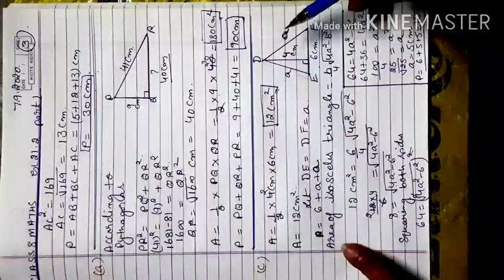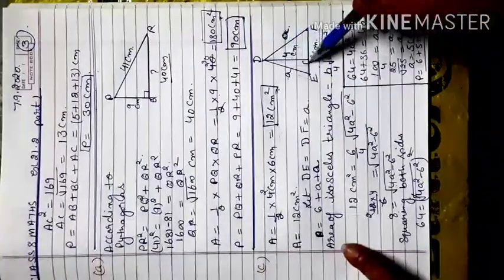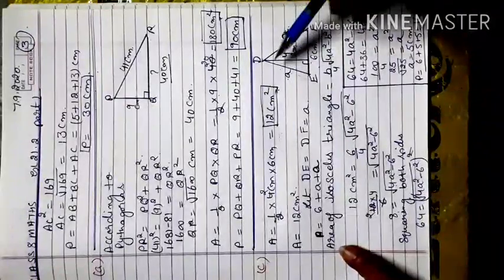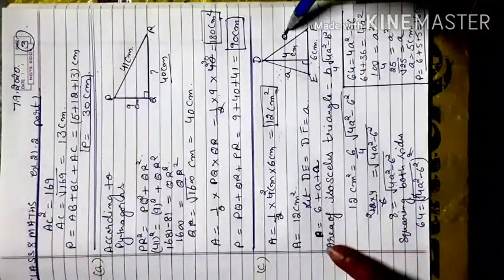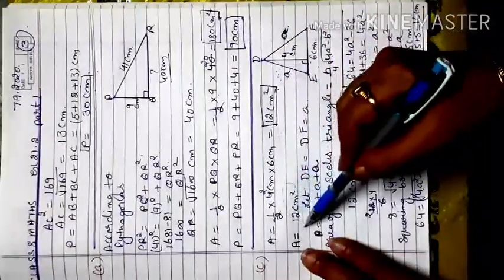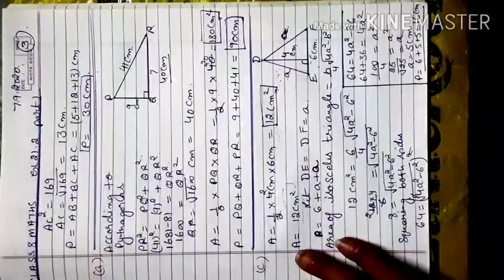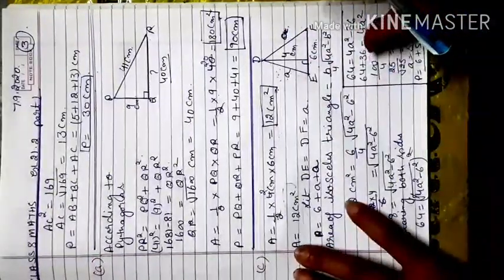For area I have no need of this side because I already found the area by half into base into height. But to find the side of this triangle, what I will do is keep that area, because it doesn't matter which way you find the area. You have a number of formulas.